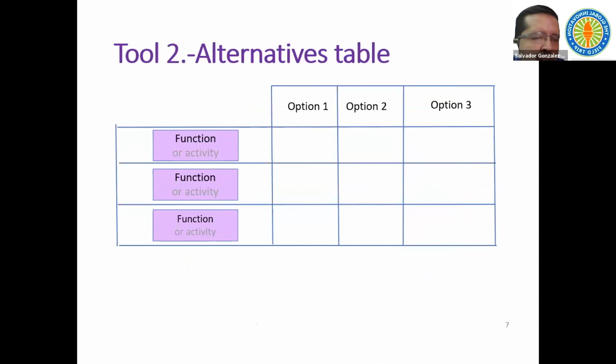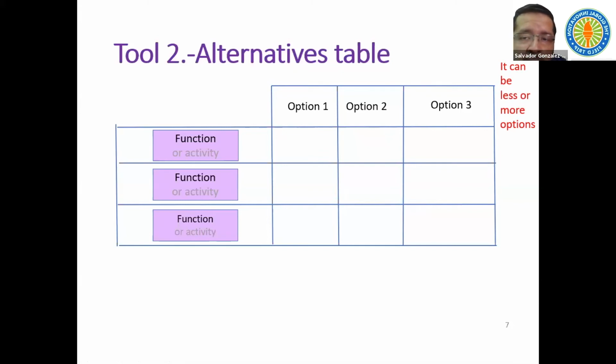Now, let me tell you a little bit about the alternatives table. It essentially will group all of the functions in the first column, and then the other columns will be the options that we will have to accomplish each of the functions. Here, I tell you that there can be fewer or more options for each function.